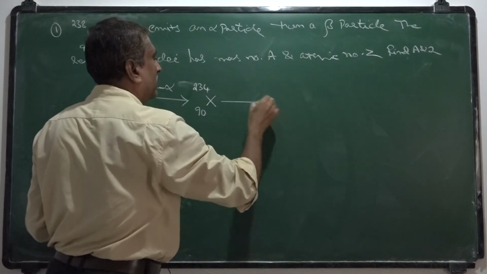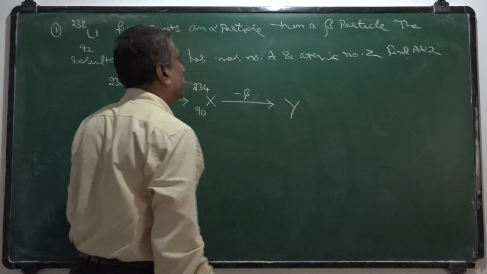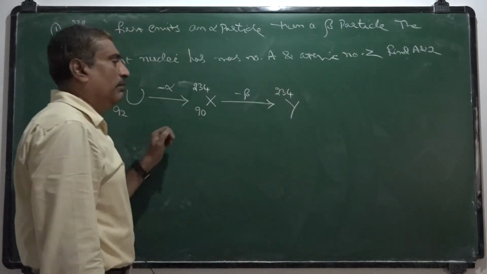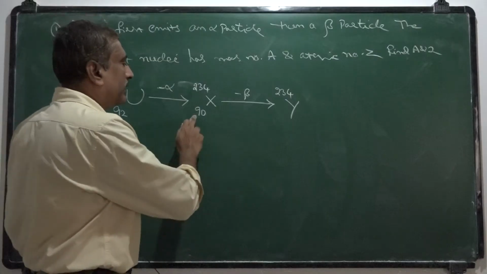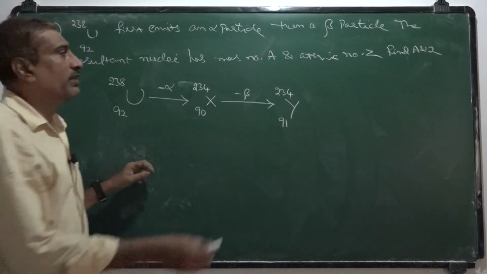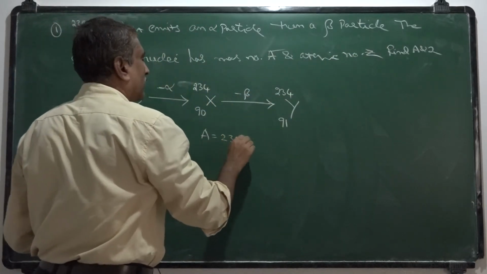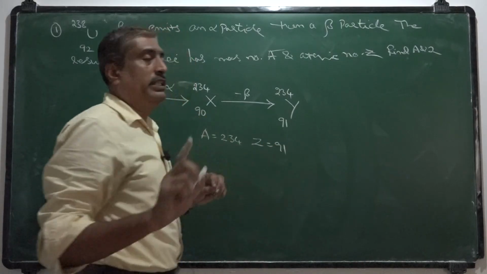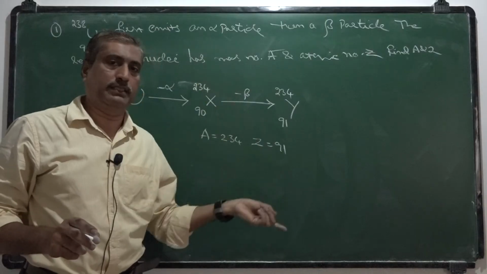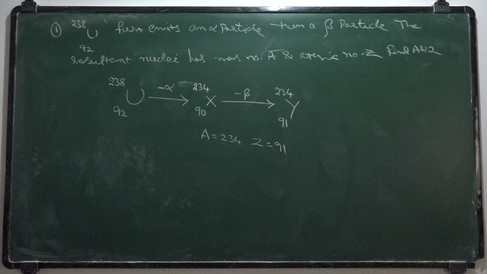So minus beta means another nuclei Y is formed, and there is no change in mass number for beta decay, but the atomic number increases by 1 unit, so 91. So the final A is 234 and Z is 91. You remember that beta particle means you have to consider beta minus unless it is mentioned otherwise.